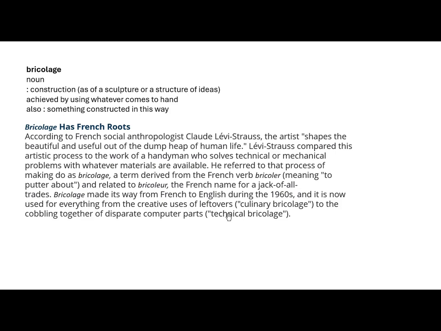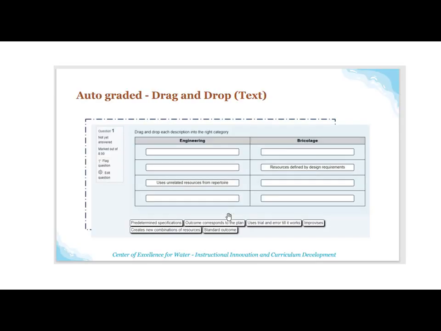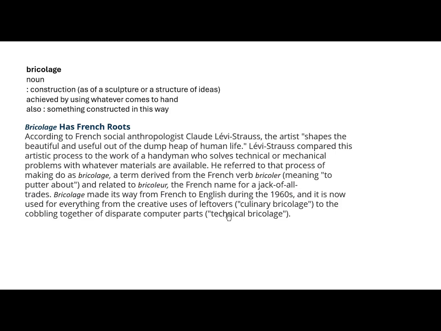The reason I put this slide is because some of you know engineering but you don't know bricolage, and bricolage is a French word that means construction as of sculpture or even structure of ideas achieved by using whatever comes to hand.